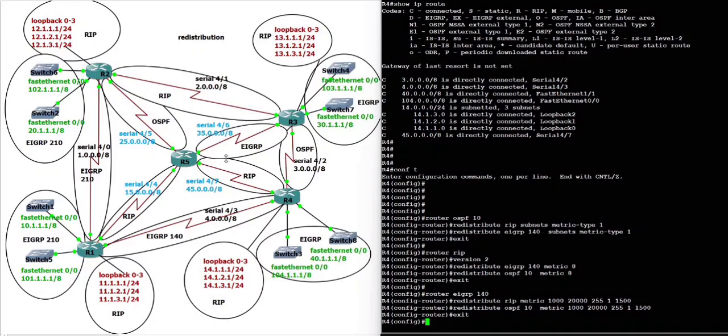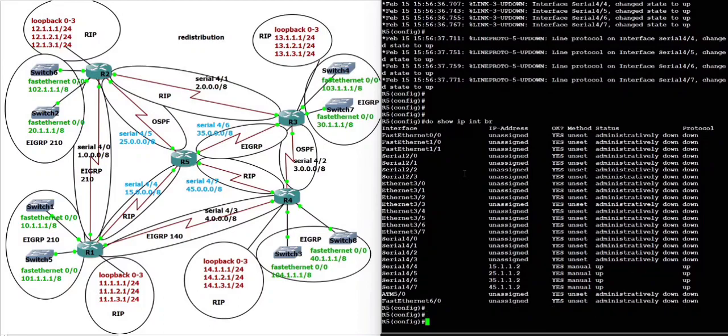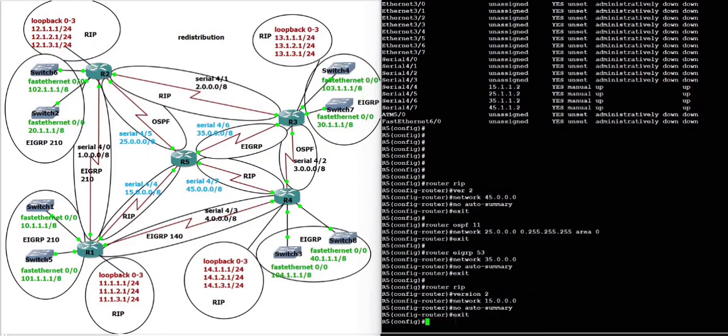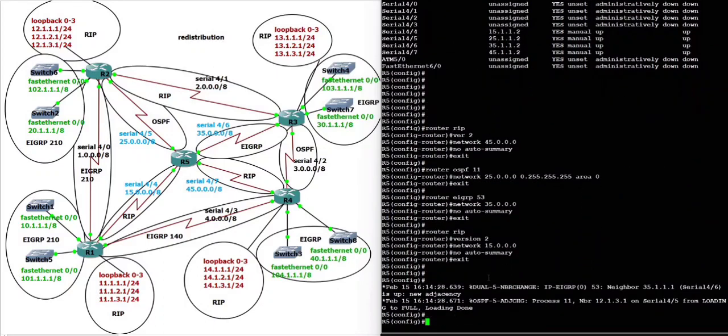Now on router 5, okay, here we have not yet configured any routing protocol. Let's configure it. Okay, we have configured the routing protocols on router 5.